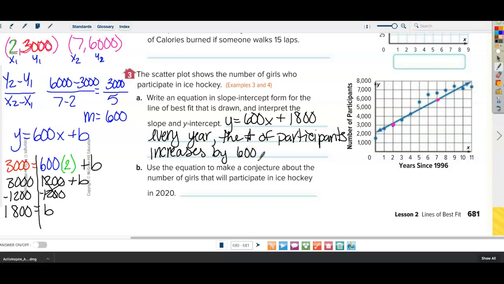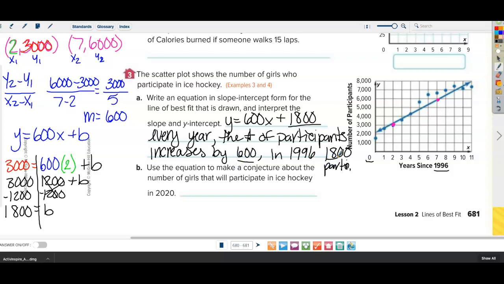And we would also say that my B is saying that at year 0, which actually represents 1996, so in 1996, there were 1,800 participants. I'm just going to abbreviate because it starts plural. So that's interpreting the slope, 600, and the y-intercept.